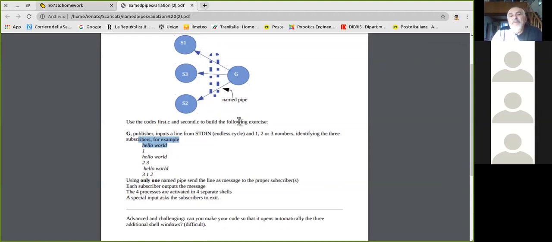Obviously, the problem is that once G writes the message in the named pipe, the first of S1, S2, S3 that reads the message in a named pipe does not erase the message.